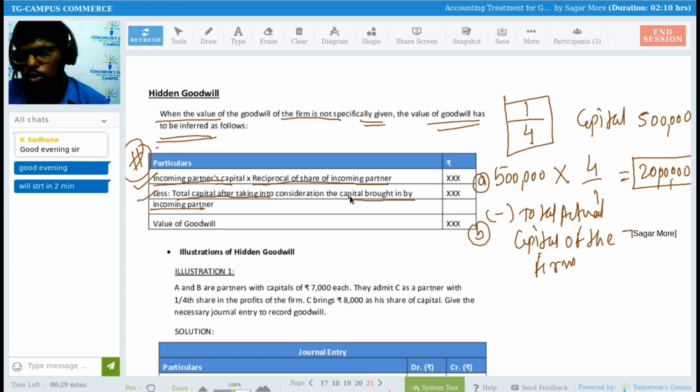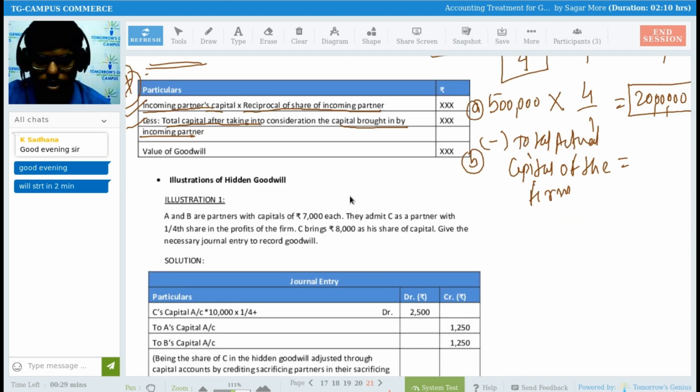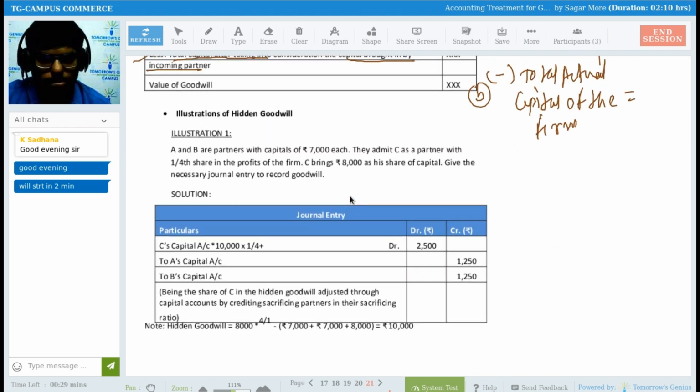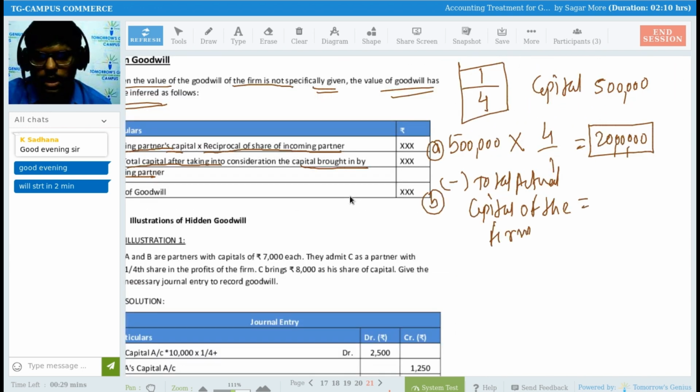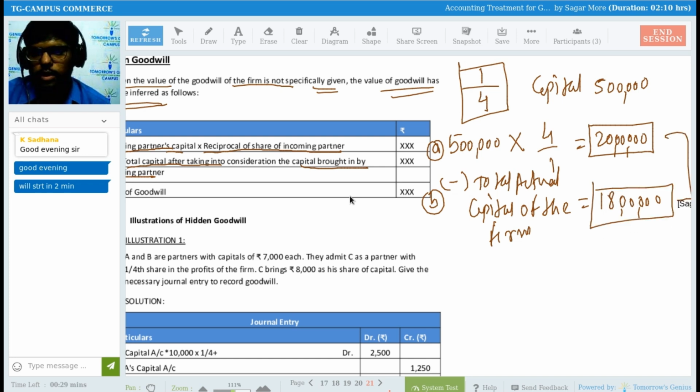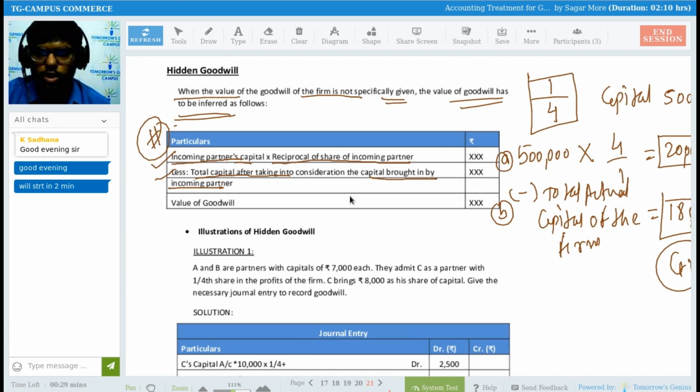In the second step, I'm getting the amount of the entire capital somewhere around 18 lakh, right? So the difference between these two is nothing but the goodwill amount.